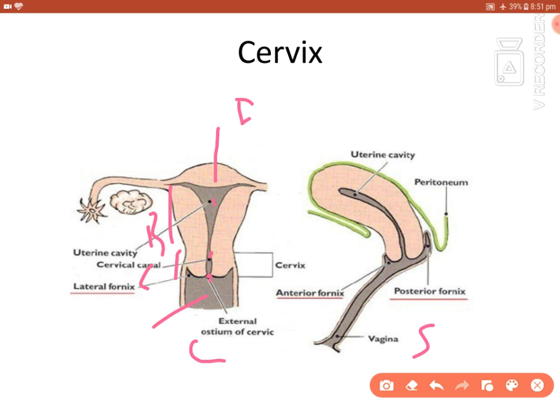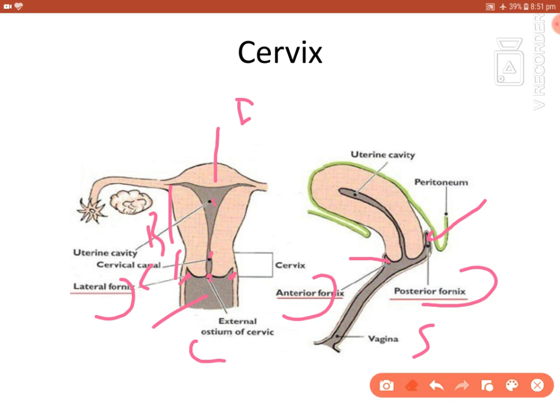The cervix projects into the walls of the vagina, forming spaces called the fornices, or fornix. In the coronal view you can see on each side the lateral fornix. In the sagittal view, anteriorly is the anterior fornix, and posteriorly is the posterior fornix. These are the spaces.